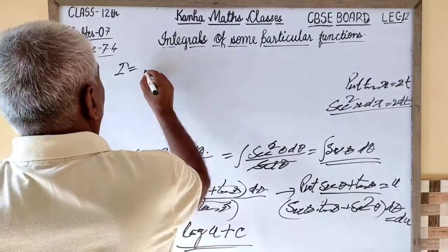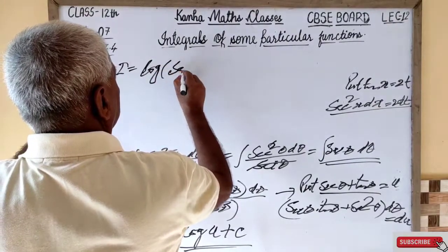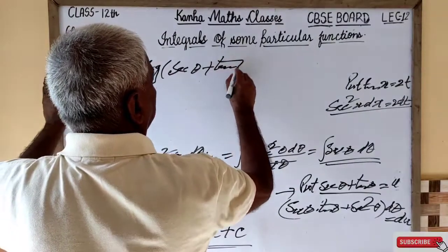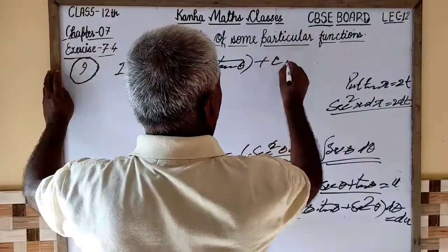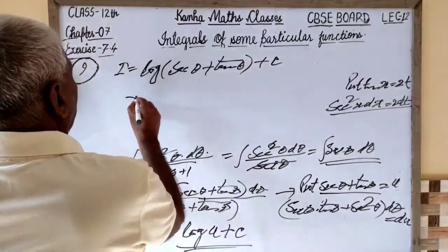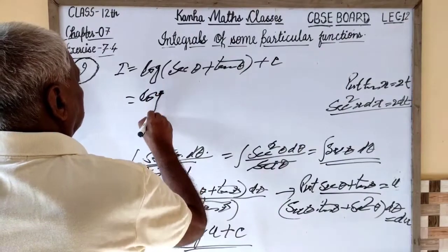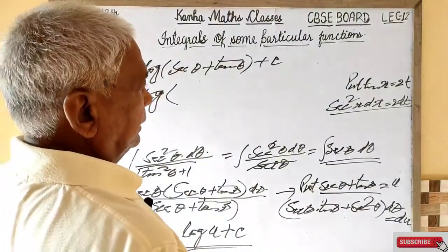I is equal to log of sec theta plus tan theta plus c. Now we will resubstitute the value of sec theta and tan theta in terms of x.